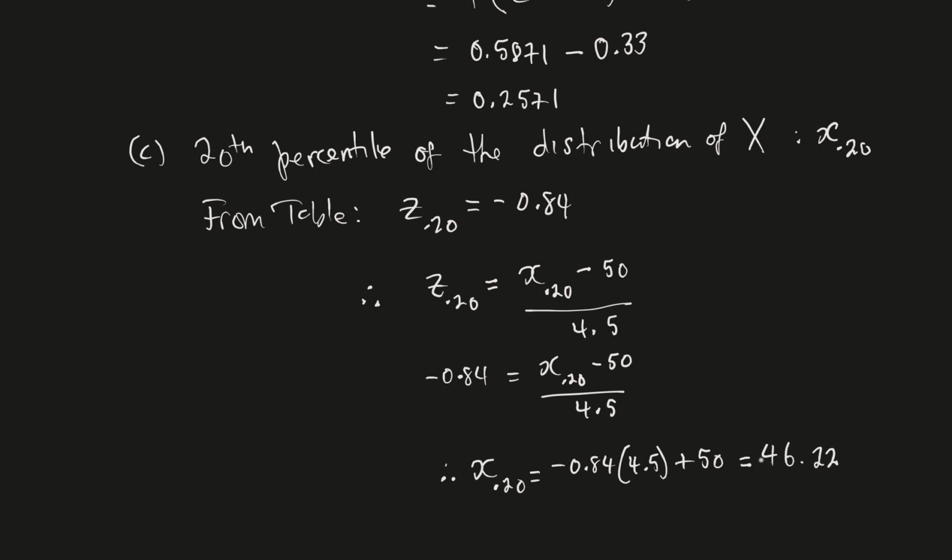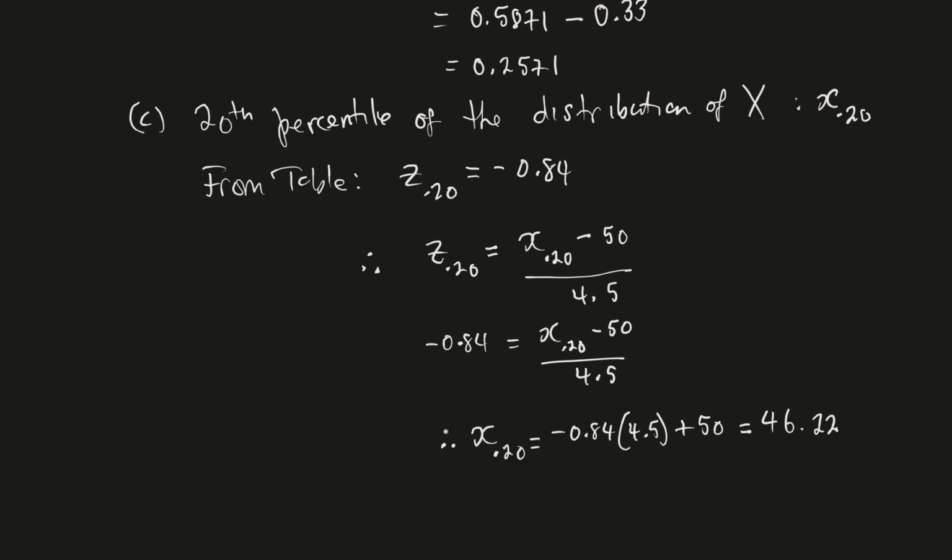So we still interpret percentiles the exact same way. It's just that now we have to be reliant on our standard normal table to come up with the z percentile, and then use our standardizing process to work backwards to get our x percentile.